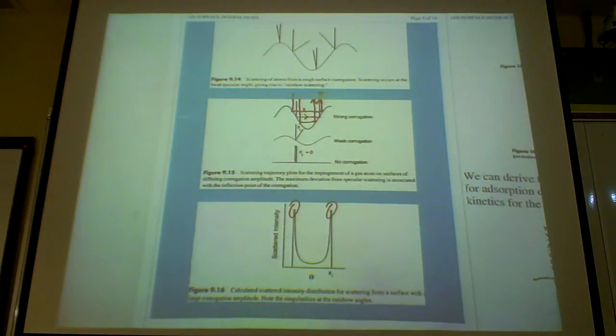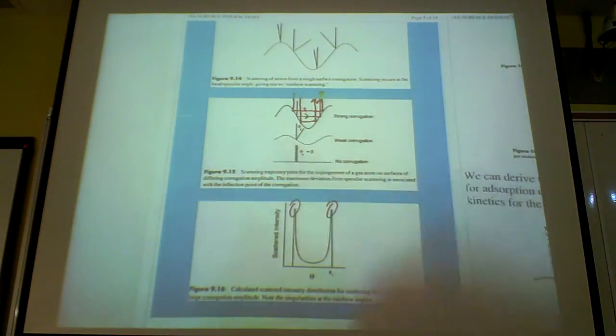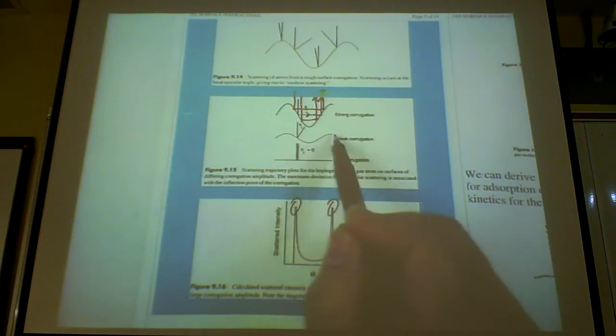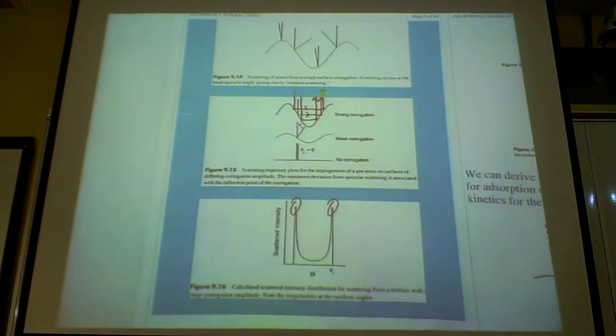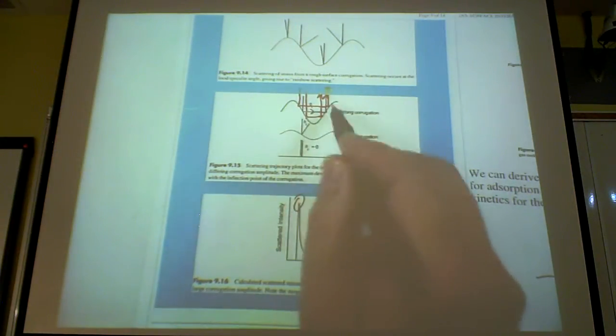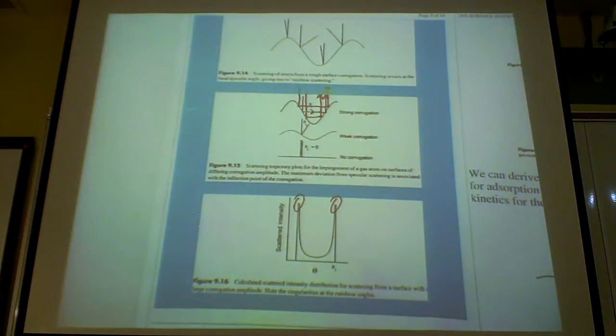Depending on the size of your roughness, how surface roughness is often defined is how high the average of these bumps are over a certain area. So depending on how big these bumps are, you have different types of scattering phenomena.